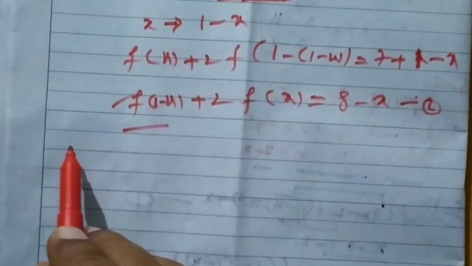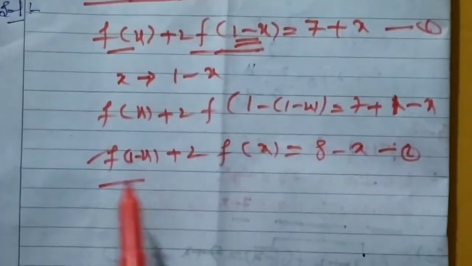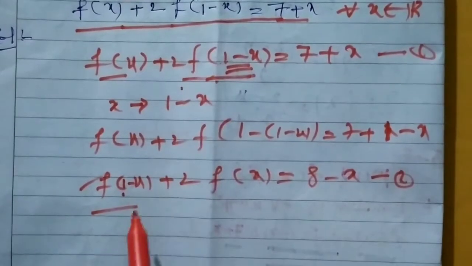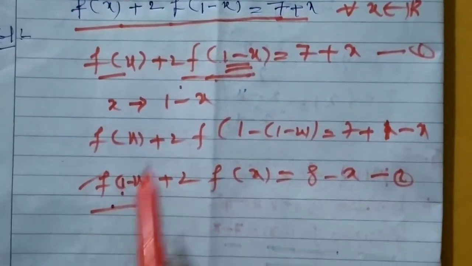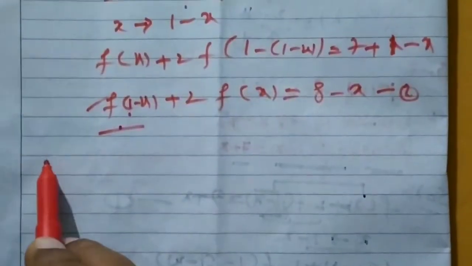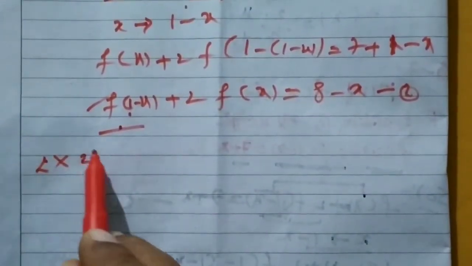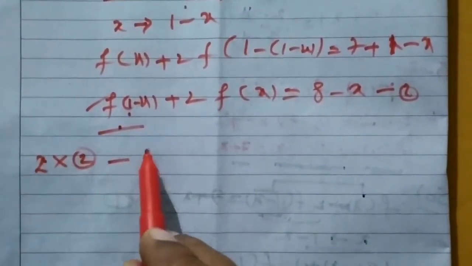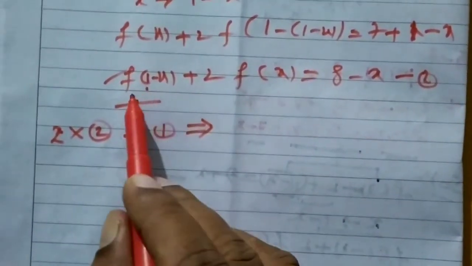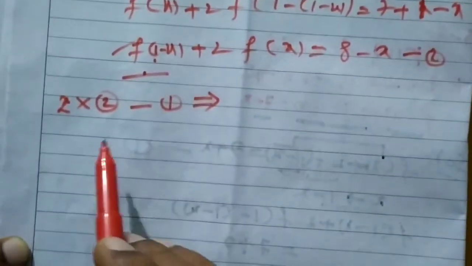The second equation has f(1 - x) and the first equation contains 2f(1 - x). Substituting, we get f(x): 2 times equation 2 minus equation 1, so that the 2f(1 - x) term will be cancelled.